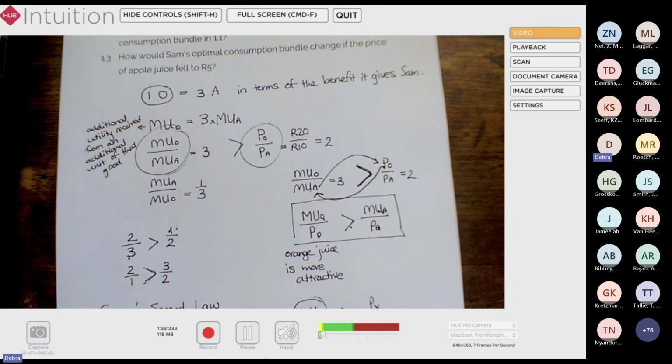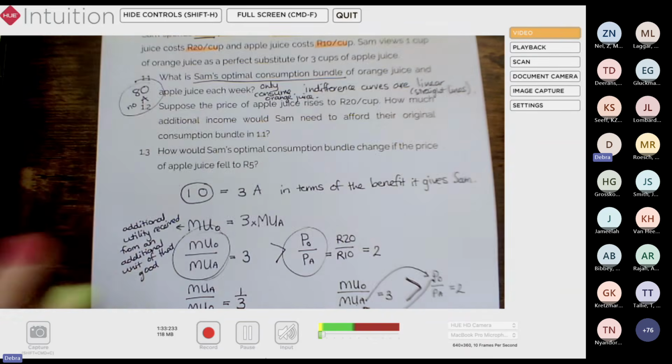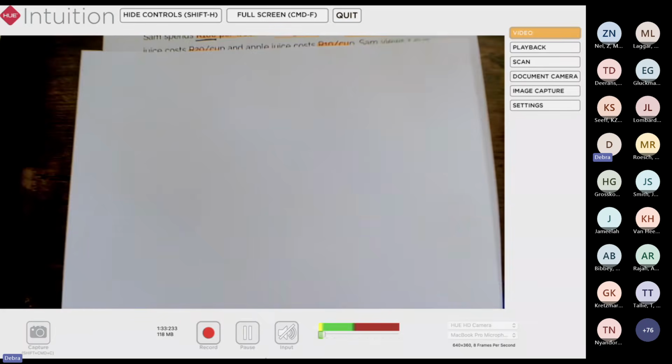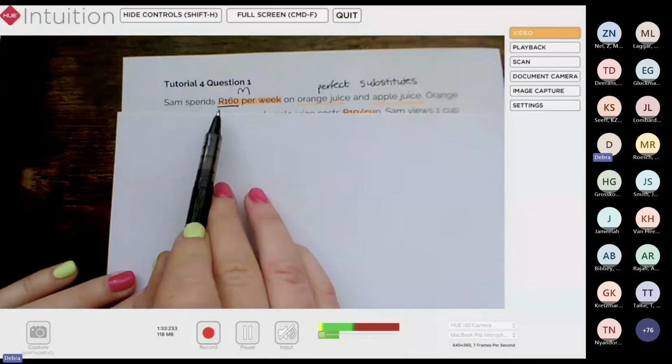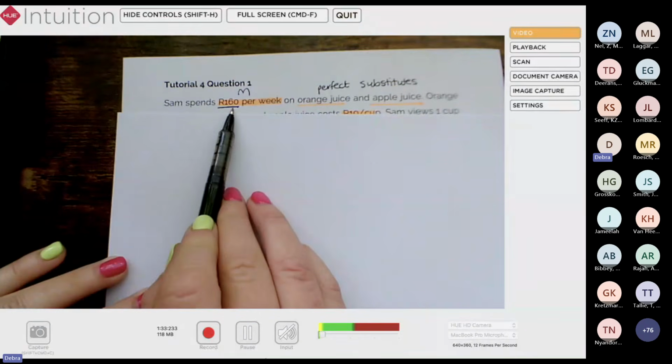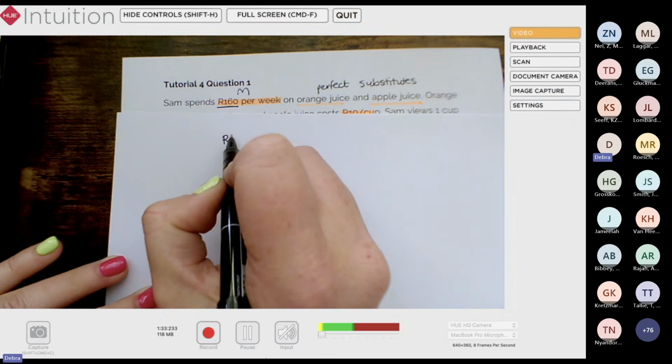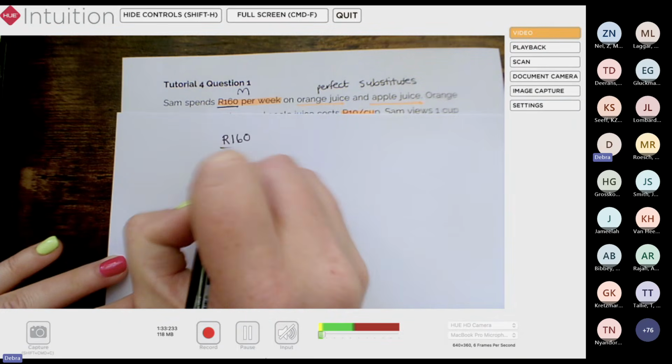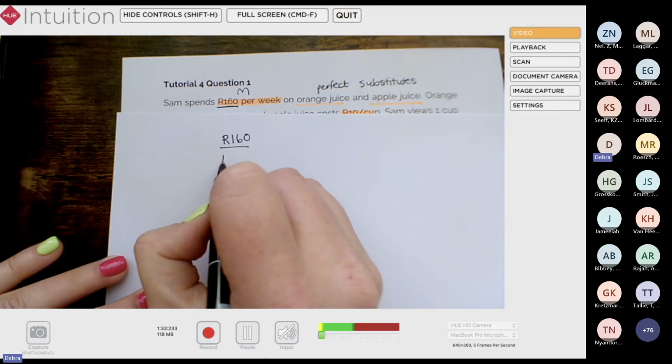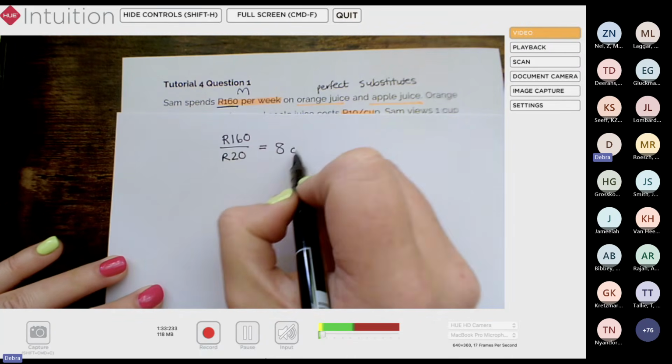And so if this person is only going to consume orange juice, we then need to know how much orange juice he would then end up buying with all of his income per week, which is 160. So that's where I found that if I take his income of 160 and I divide it by the cost of an orange juice, I then get 8 cups of orange juice.